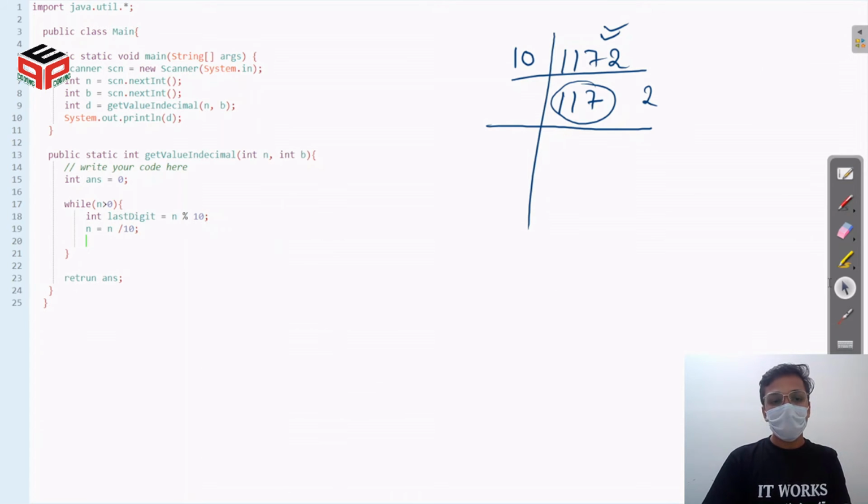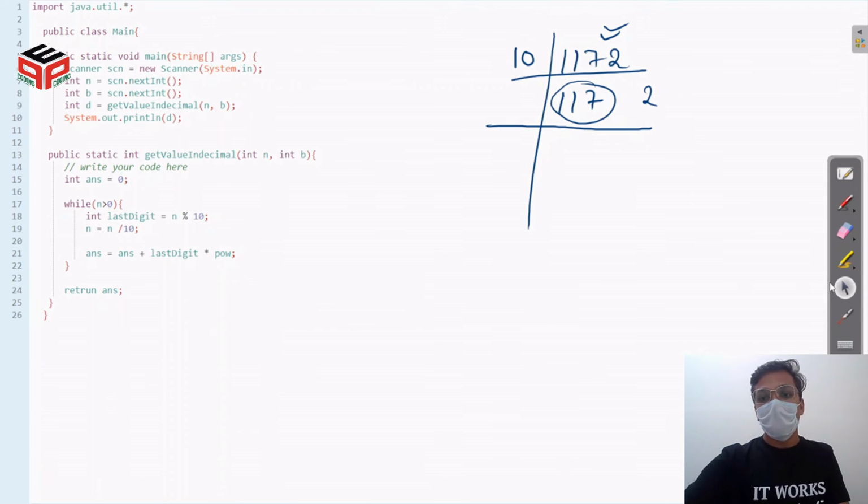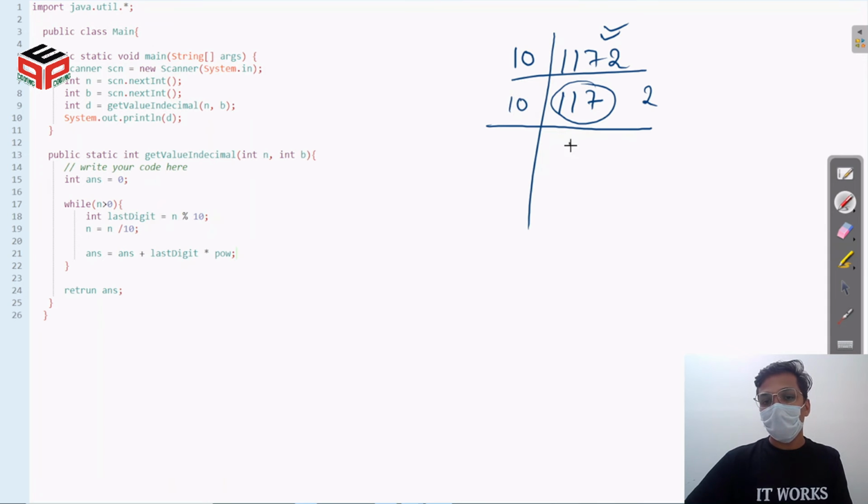Now, after that, we have to store it in our answer: last digit into power. As we have seen, when we divide this number, we get quotient as 1, remainder as 7.